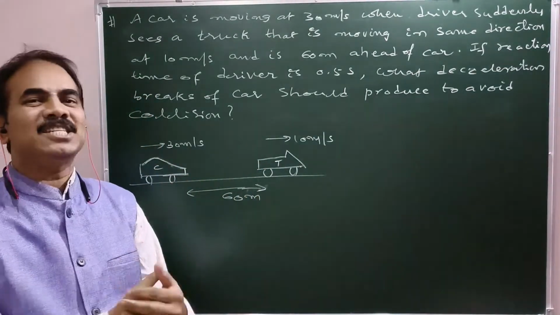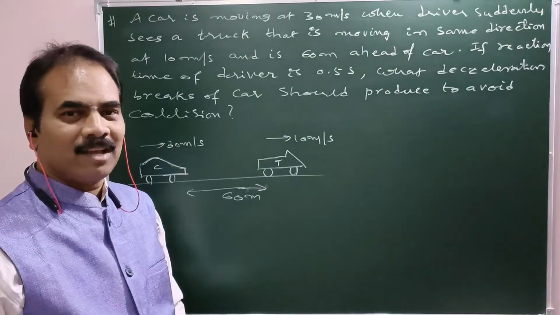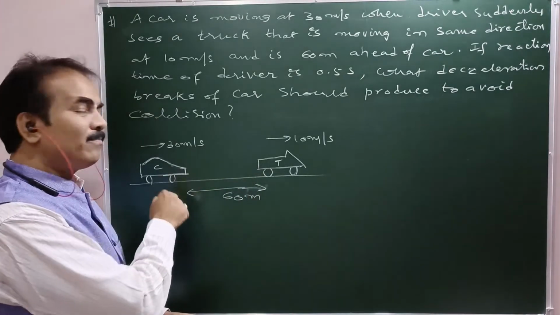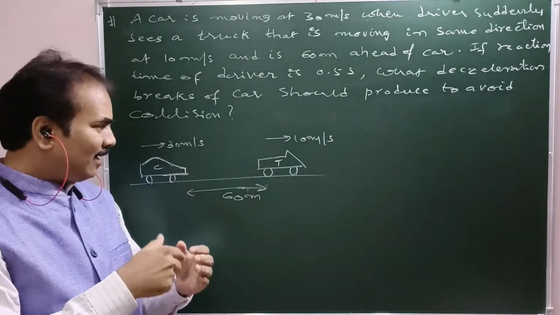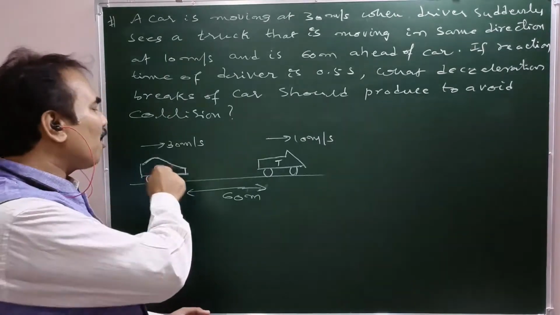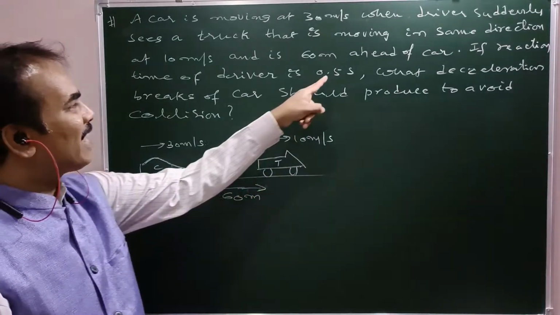Right? That is the reaction time. What is the reaction time for the car driver here? 0.5 seconds. Right? So on watching the truck ahead of him, he didn't apply brakes immediately. There is some reaction time for the car driver to apply brakes on watching the truck. So what is that reaction time?